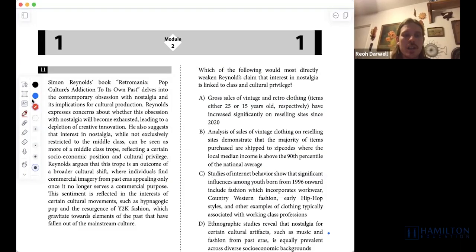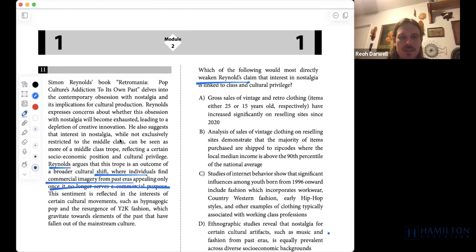All right, so for question 11, we want to weaken Reynolds' claim. All right, so what is Reynolds' claim? He claims that there is an outcome of a cultural shift, right? Which is that individuals find commercial imagery from past eras because it no longer serves a commercial purpose, right?